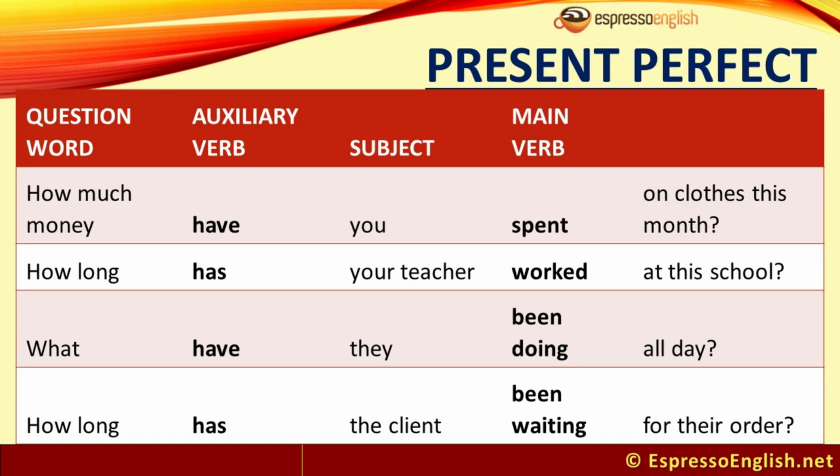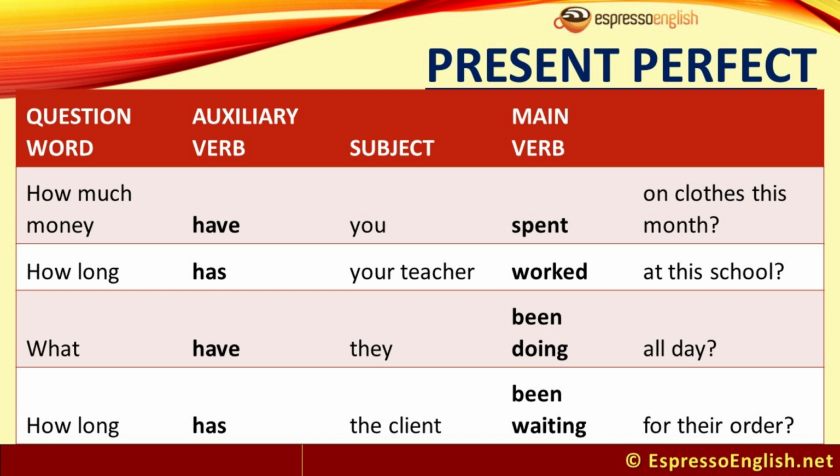Let's look at the present perfect now. How much money, that's the question word. Have, that's the auxiliary verb. You, that's the subject. Spent, that's the main verb, on clothes this month. How much money have you spent on clothes this month? How long has your teacher worked at this school?